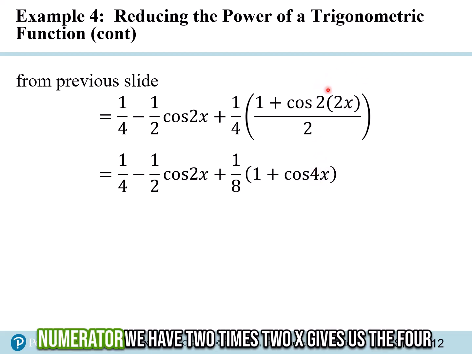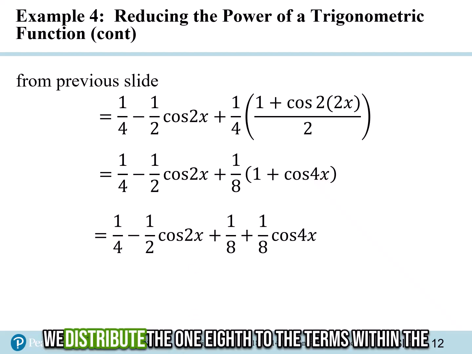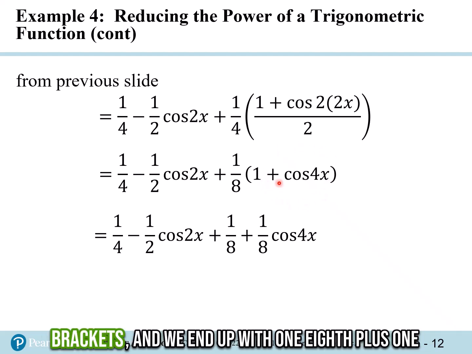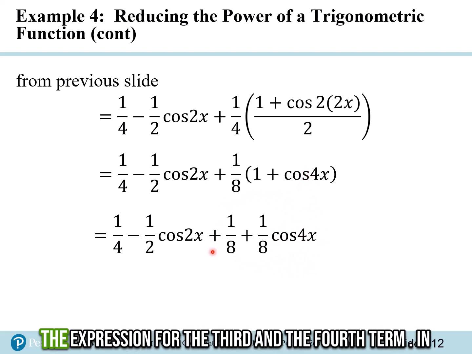So in the numerator, we have 2 times 2x gives us the 4x. In the next step, we distribute the 1/8 to the terms within the brackets, and we end up with 1/8 plus 1/8 times cos of 4x. So that's how we end up with the expression for the third and the fourth term.